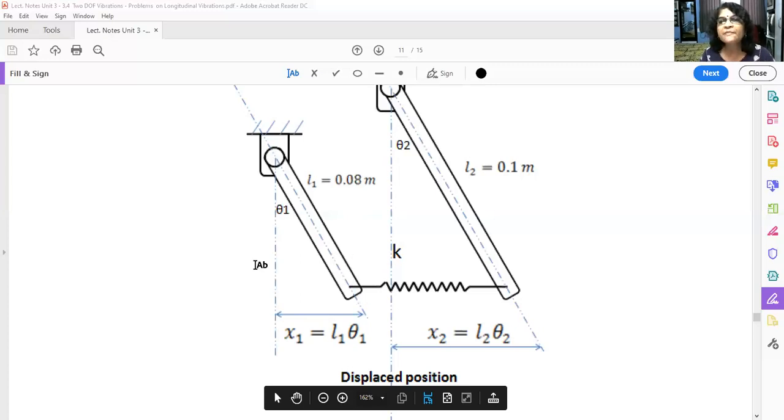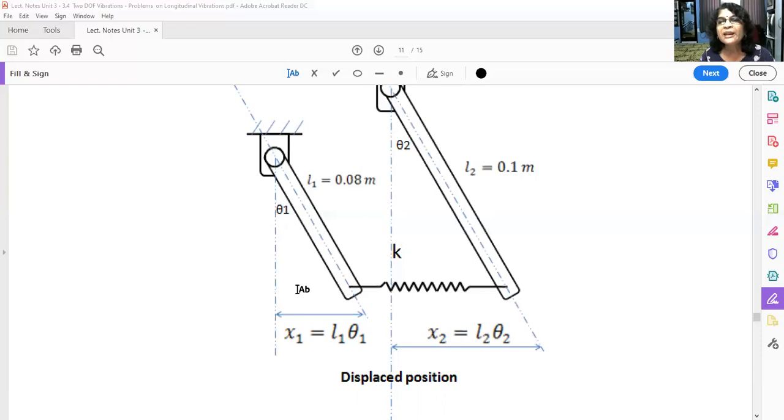Consider this triangle. You can write the equation in the form: arc length is equal to radius into angle. So this x1 distance, which is the displacement of the spring for this rod, is x1 equal to L1 into θ1.